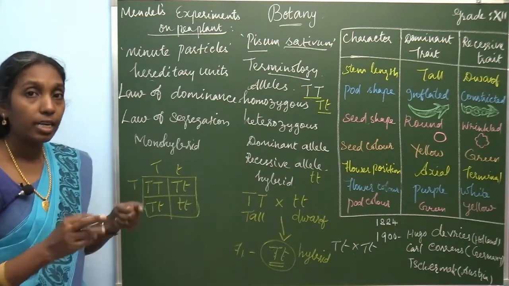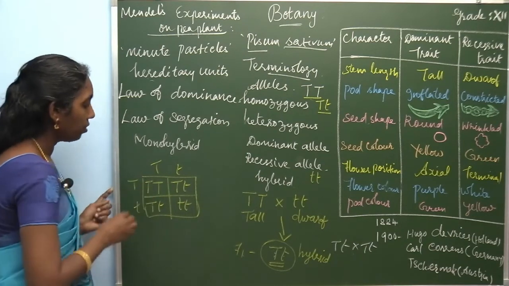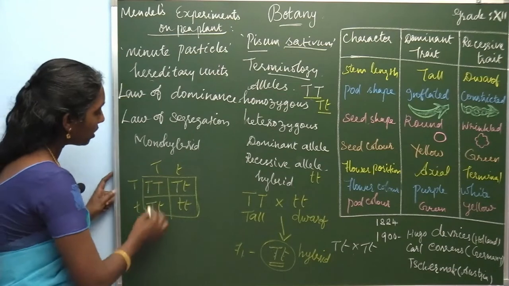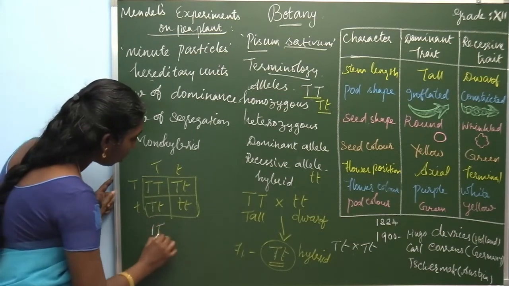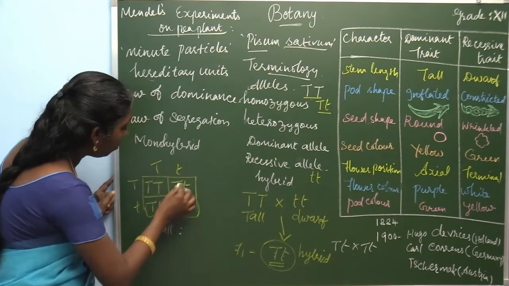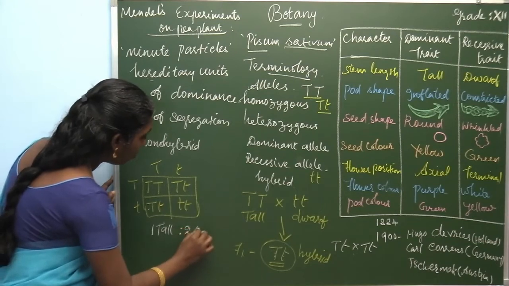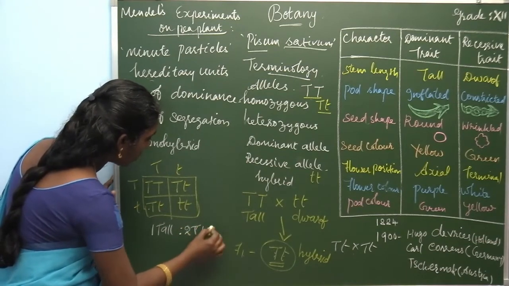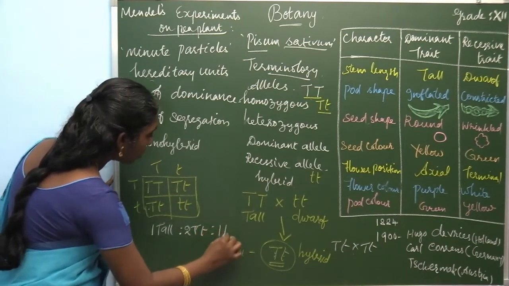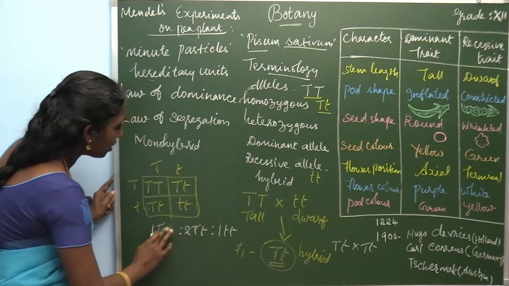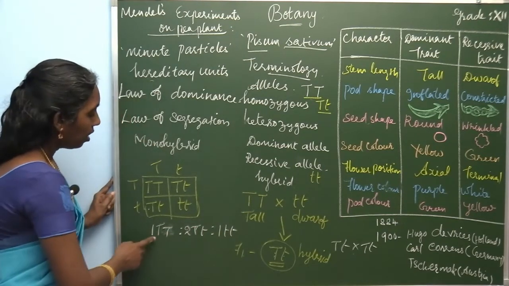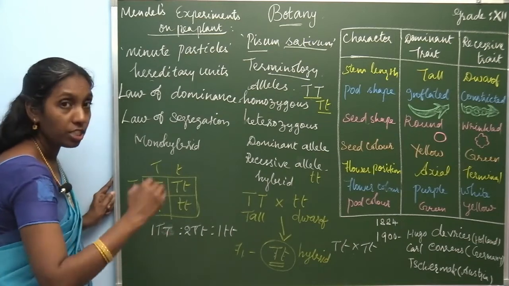So in the F2 generation, genotypically it gives 1 is to 2 is to 1, capital T capital T is to capital T small t is to small t small t.